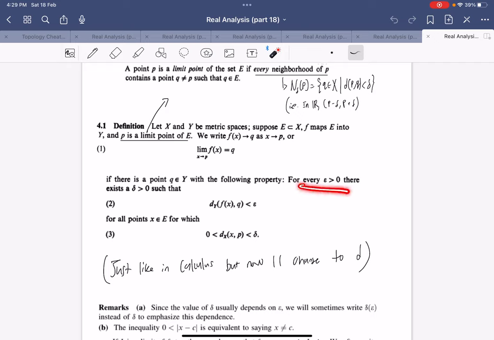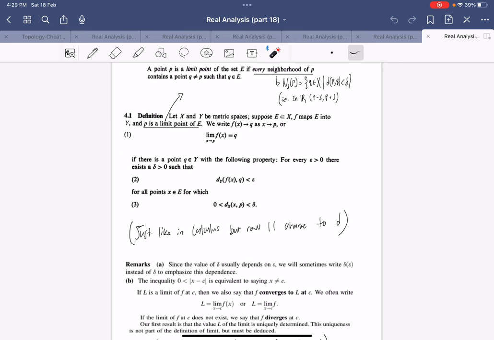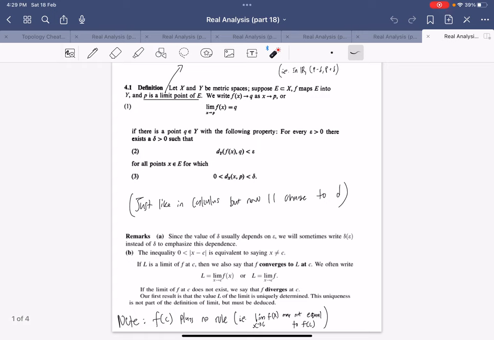For every epsilon, there exists a delta such that when the distance between x and p is less than delta, it implies that the distance between f(x) and q is less than epsilon. Like in calculus, instead of the absolute value, you change it to the metric function, because you don't know what the metric is. It could be the absolute value, which is the standard metric on the real numbers.